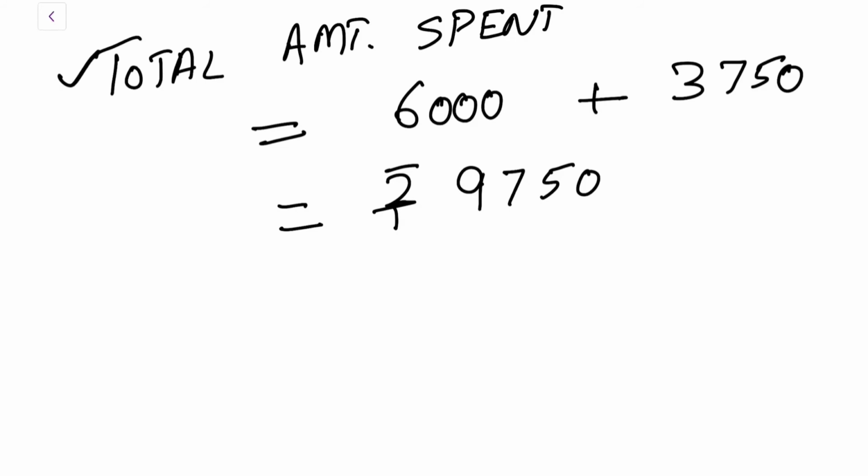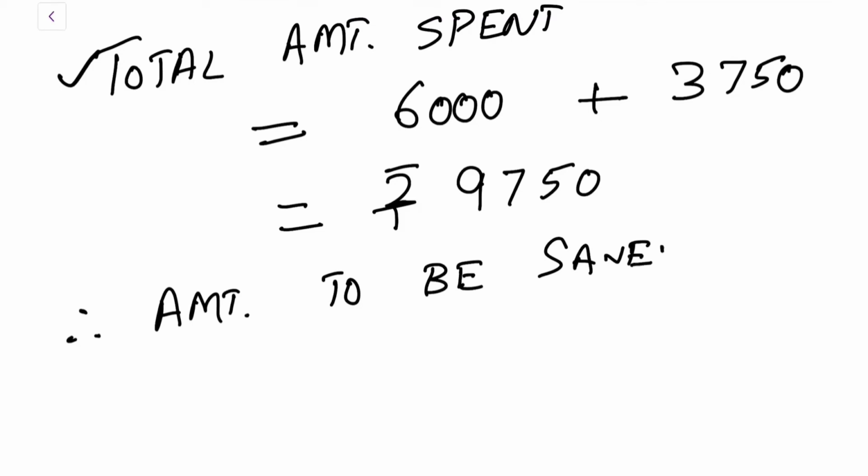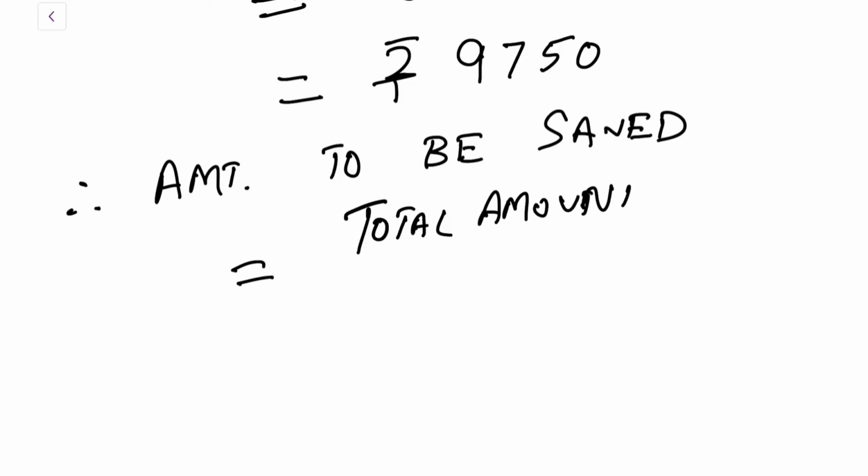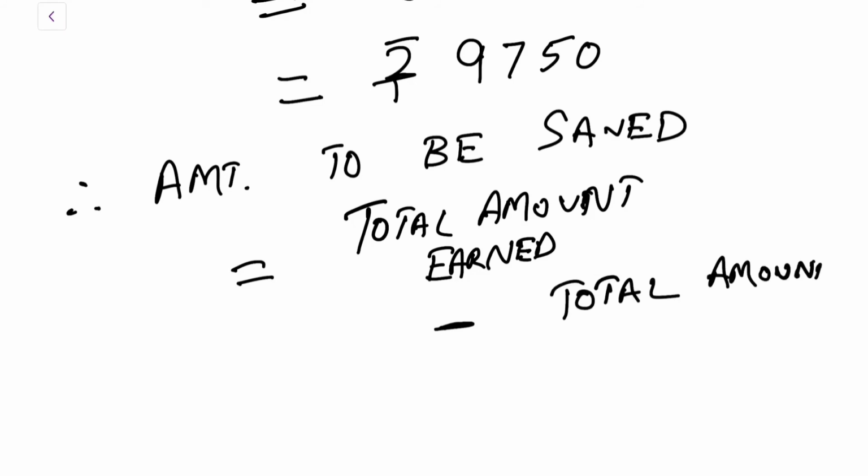Now, what is the question that they asked in this problem? They asked us how much did she save? Therefore, amount to be saved. What is the amount left that is to be saved? How do we do that? That is total amount she earned minus total amount spent.